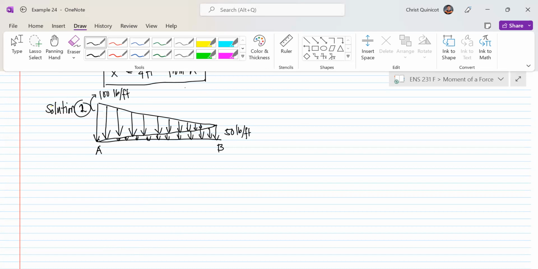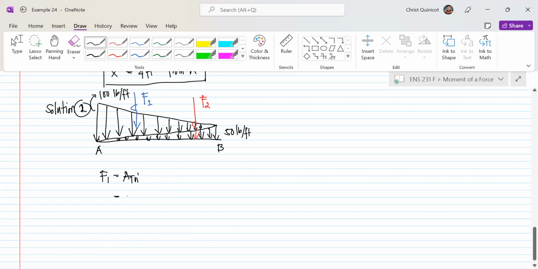Okay, so they are both triangles. So let's have this one, my bigger triangle, as f sub 1, and the resultant of my smaller triangle to be f sub 2. Okay, so for our f sub 1, that is still equal to the area of our triangle, right?